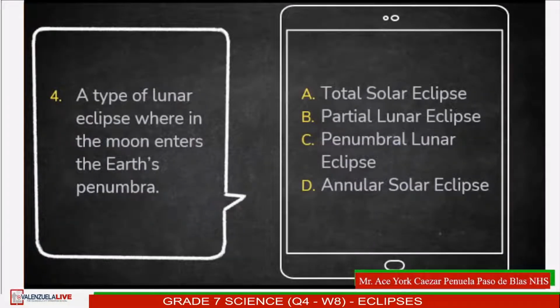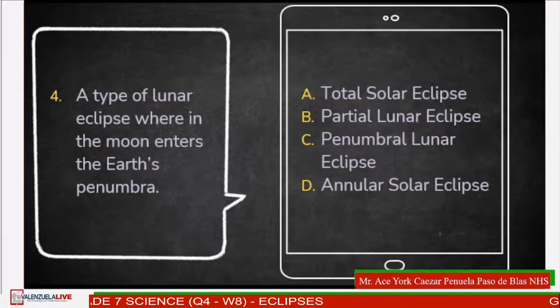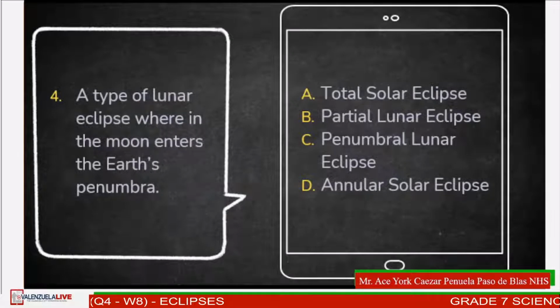Number 4, a type of lunar eclipse wherein the moon enters the Earth's penumbra. Okay, so the correct answer is letter C, penumbral lunar eclipse.